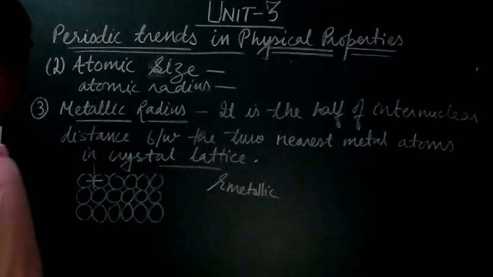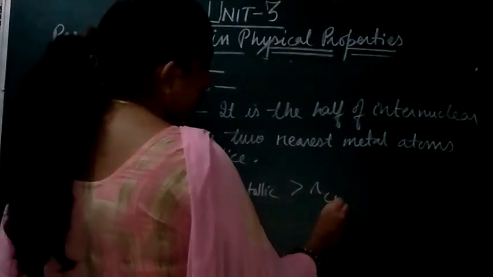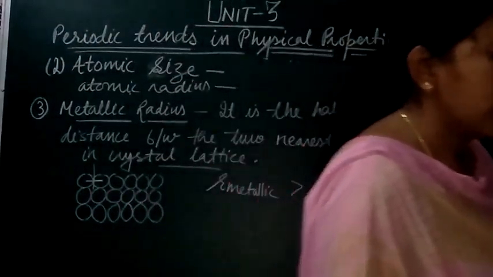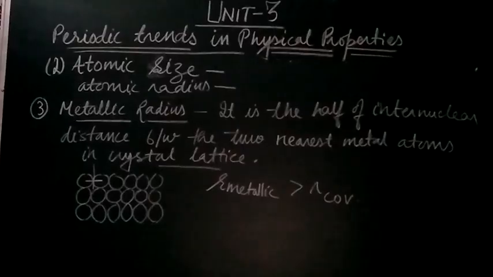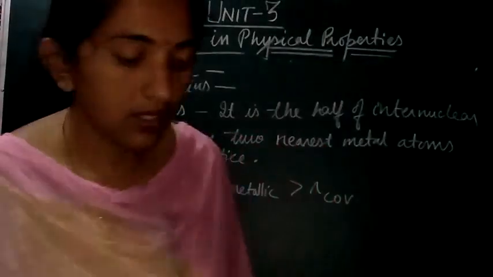Now the metallic radius, you can simply write down, will be greater than the covalent radius, right? So a simple question to you all: if you compare the metallic radius, covalent radius and the van der Waal radius, which one is going to be of shorter distance, and which one will be of greater magnitude?